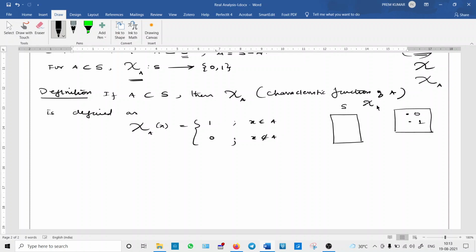My chi A is a function from this set to this set, and my A is a subset of the universal set S. This is my A.